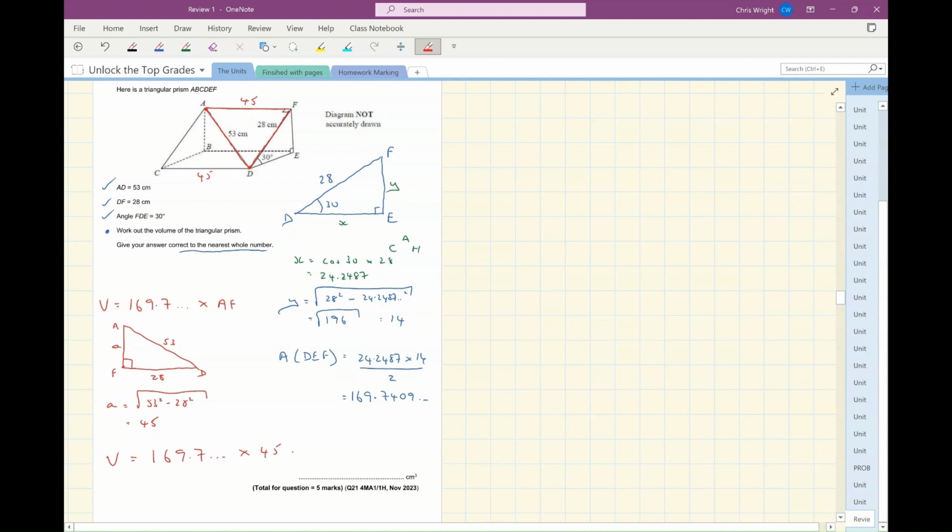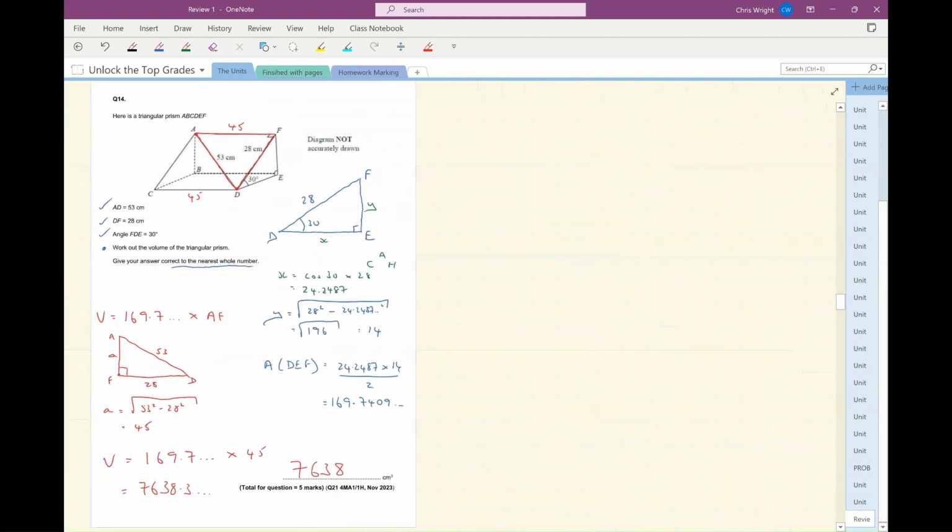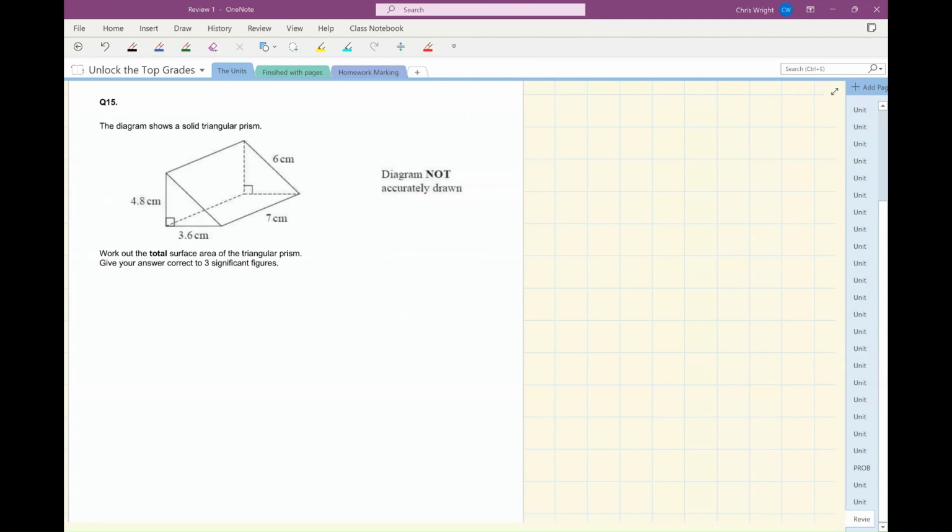That gives me on my calculator 7638.3 and so on. So to the nearest whole number, 7,638 cubic centimeters.